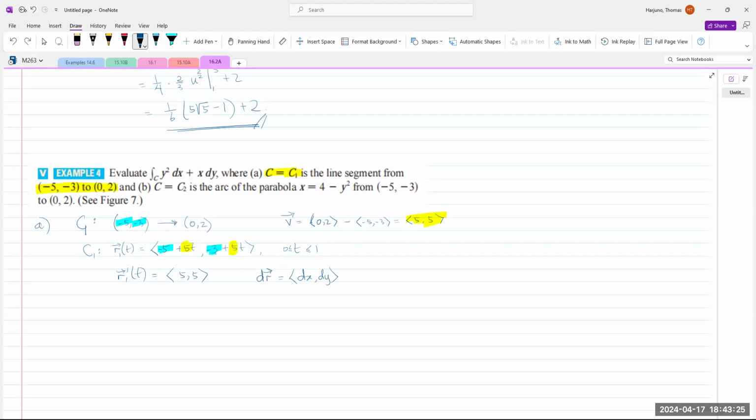In this case, we can now rewrite as dx/dt, dy/dt times dt. In other words, this is dr/dt, which is r prime(t) dt. It's r prime(t) dt without magnitude.